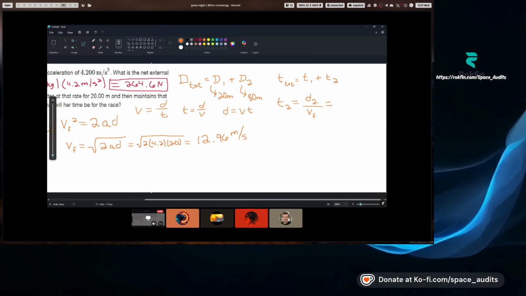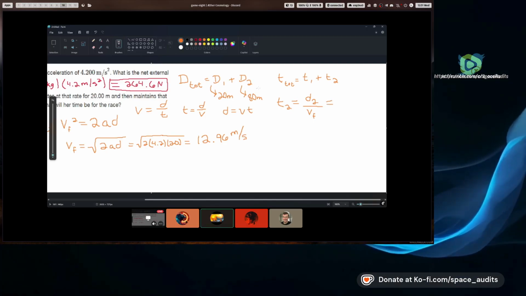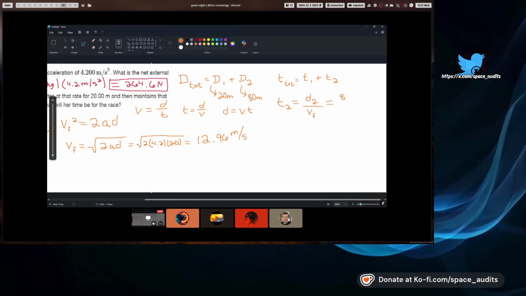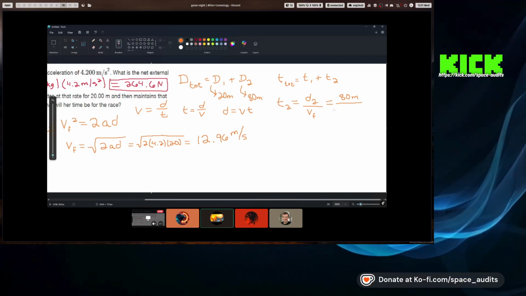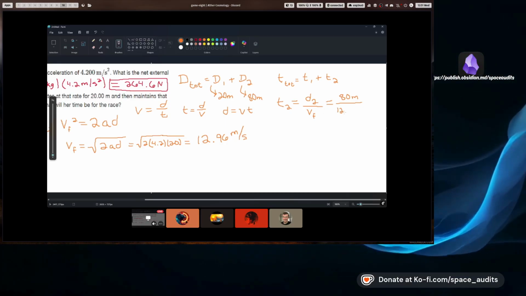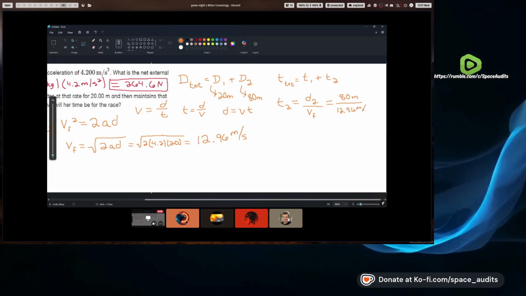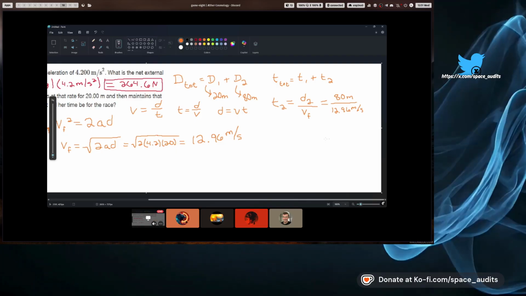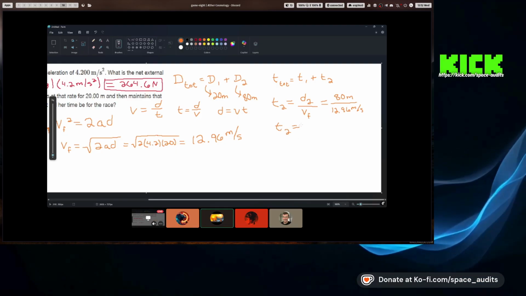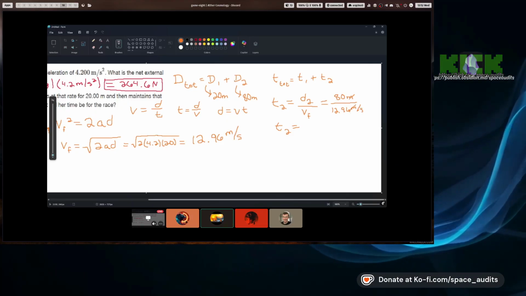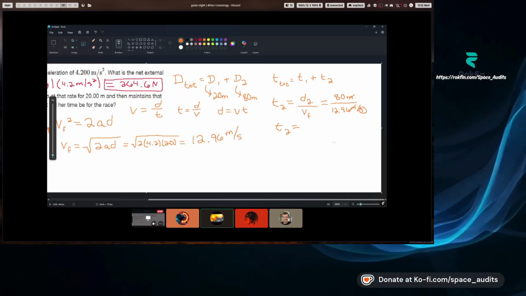So we are going to take our distance, which is 80 meters, divide it by 12.96 meters per second, and we're going to be left with seconds because the meters will cancel out, and then we've got seconds left, and it's in the denominator of the denominator, which just means it's the numerator, so it's seconds.